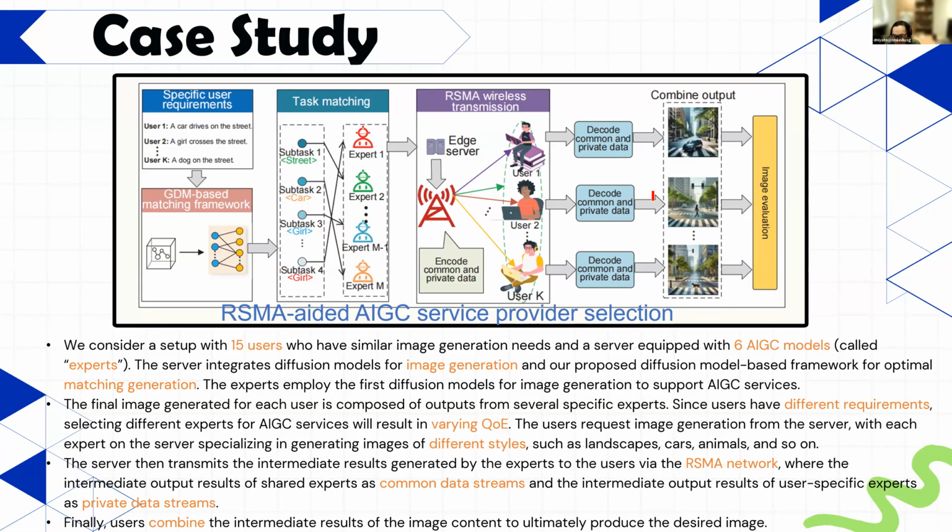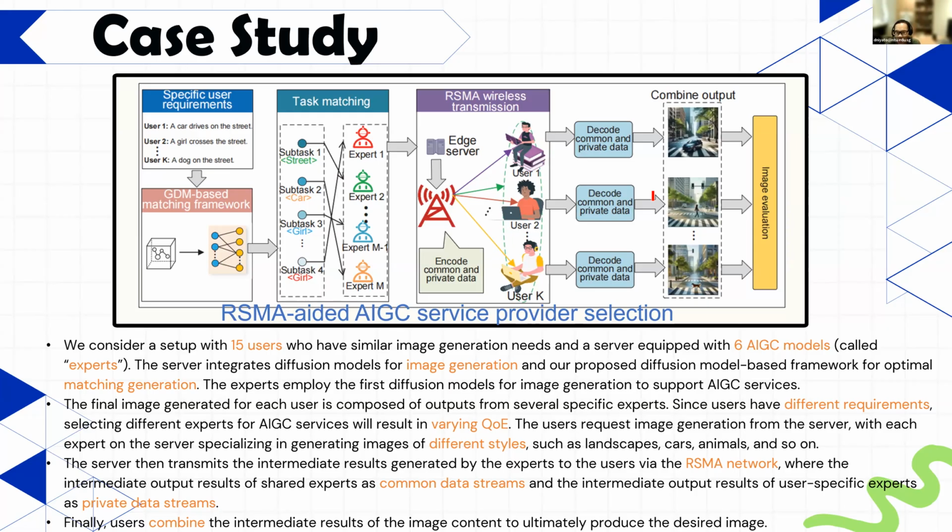So when the user makes a request to generate an image from the server, each expert on the server will be specialized in generating images based on the preference of the user. So based on this matching, we can see that the users have their own requirements and the experts have their own expertise to provide the services for the users.